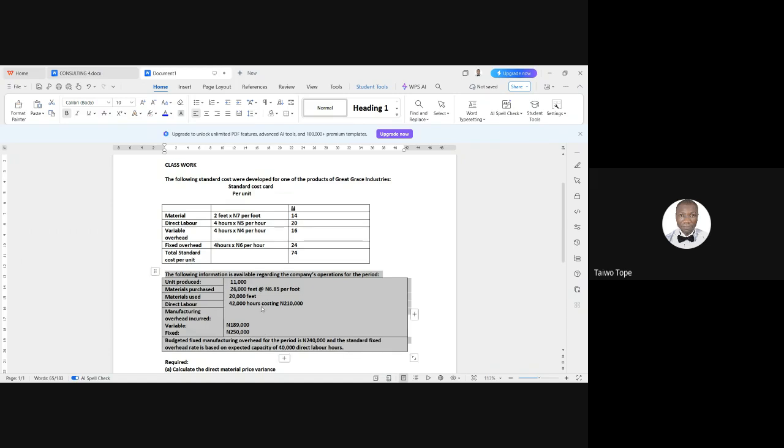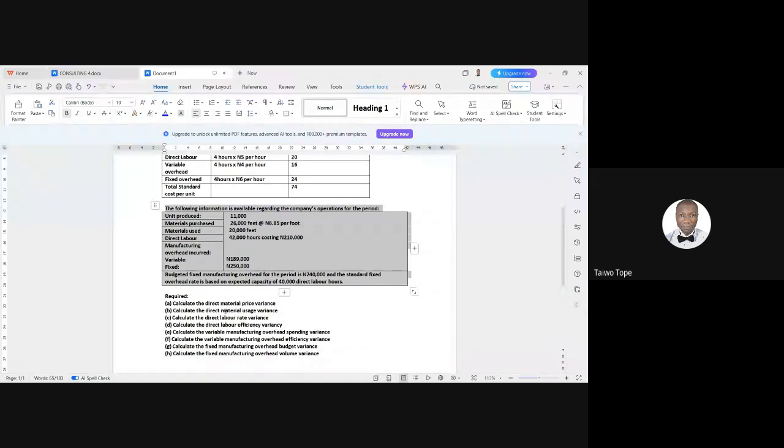The question wants you to calculate direct material price variance, direct material usage variance, direct labor rate variance, direct labor efficiency variance, and calculate the variable manufacturing overhead spending variance, calculate the variable manufacturing overhead efficiency variance, and calculate the fixed manufacturing overhead budget variance, calculate the fixed manufacturing overhead volume variance.